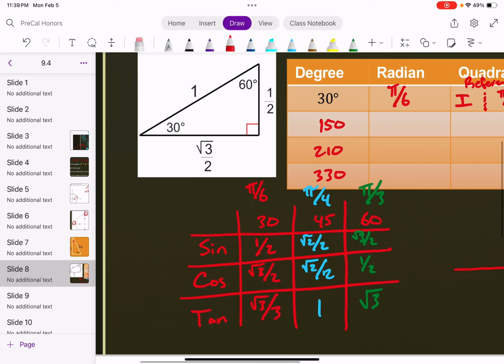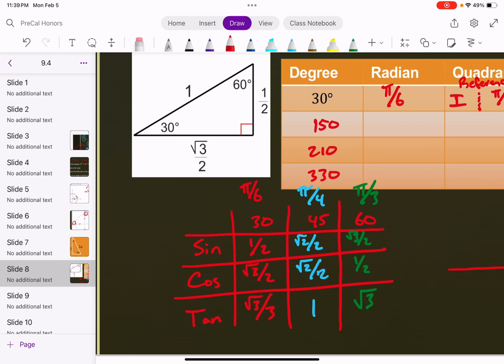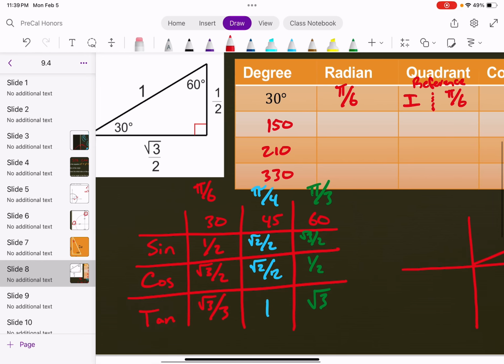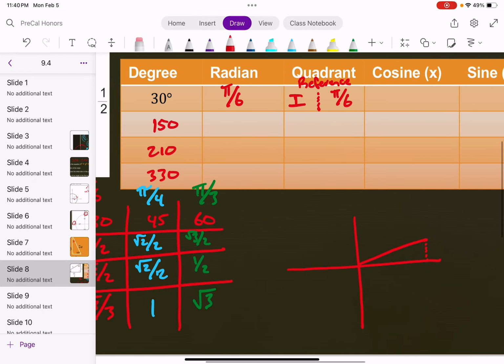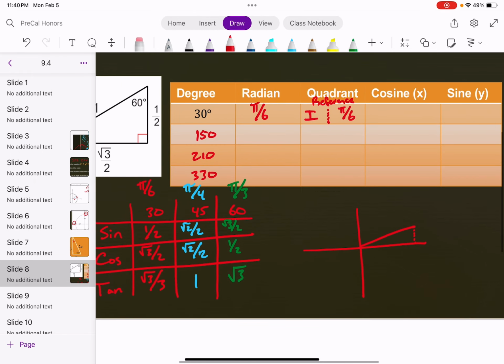So here, even though we do have a rating of pi over 6, our quadrant is 1, and our reference angle is pi over 6. We're going to continue just filling in this left-hand side of our table before we go further.